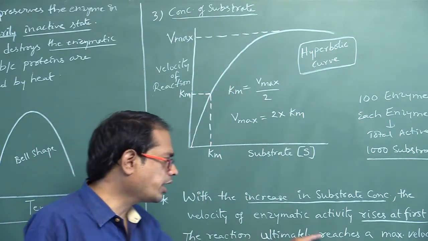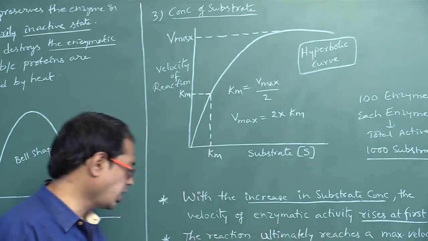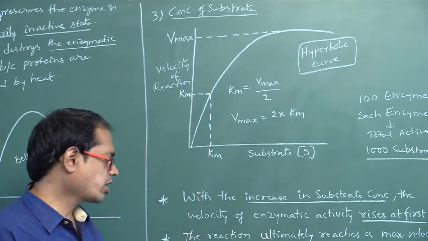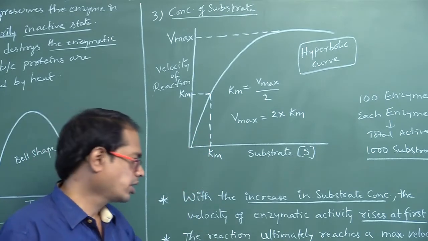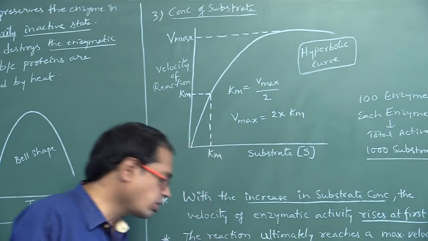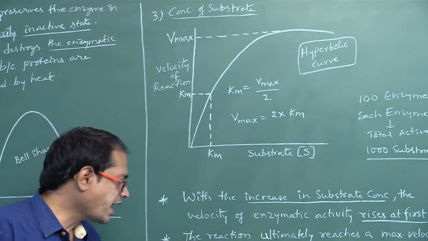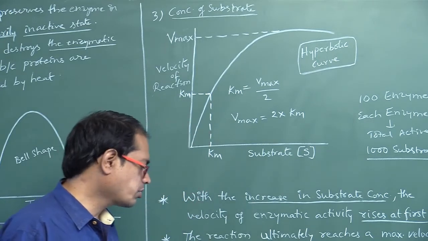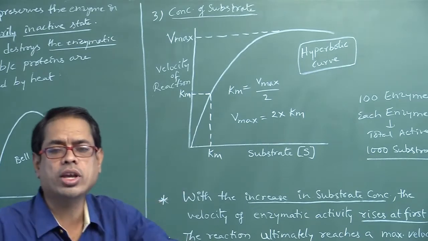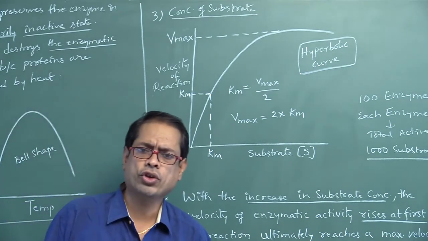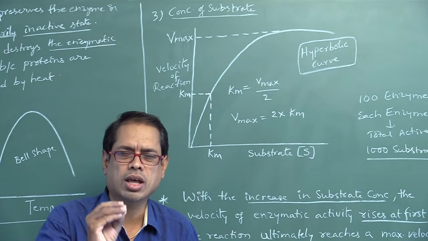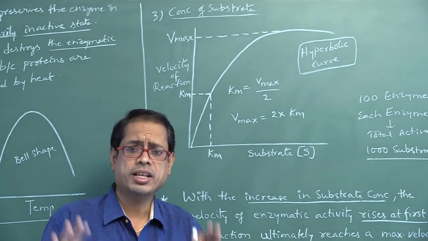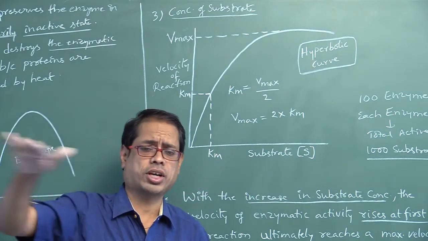The reaction ultimately reaches a maximum velocity which is not exceeded by any further rise in substrate concentration. This is because enzyme molecules are fewer than substrate molecules, and after saturation there are no free enzyme molecules. So it becomes constant.